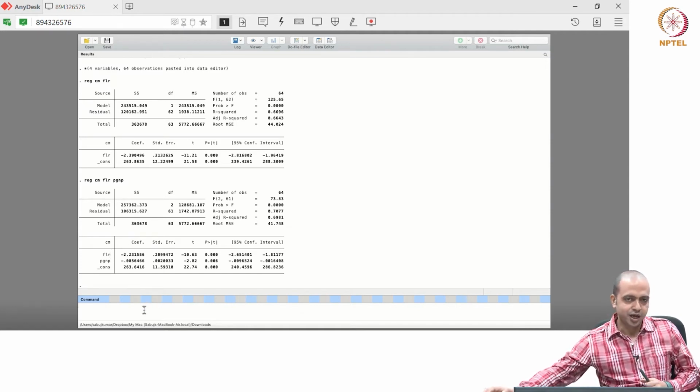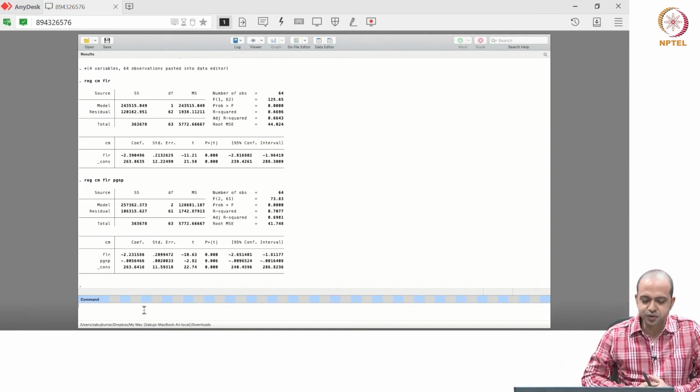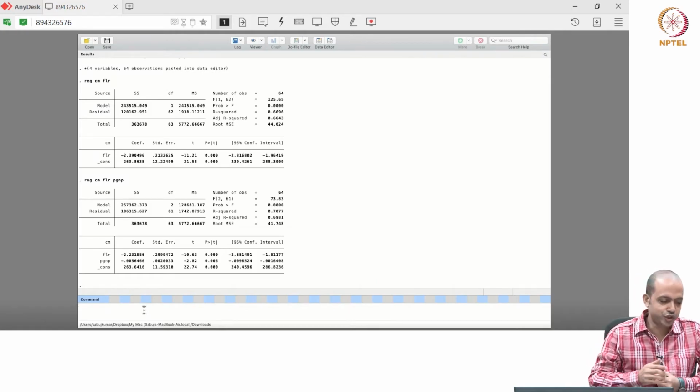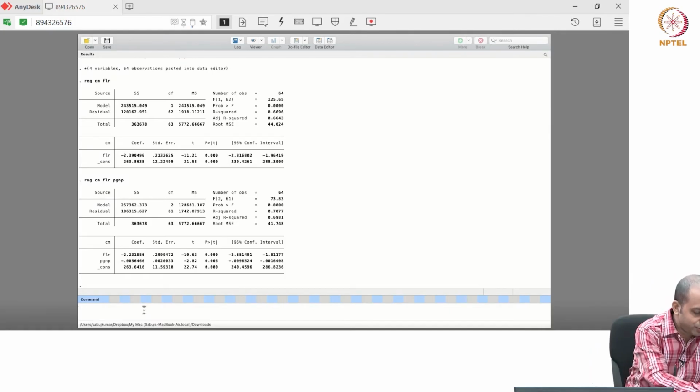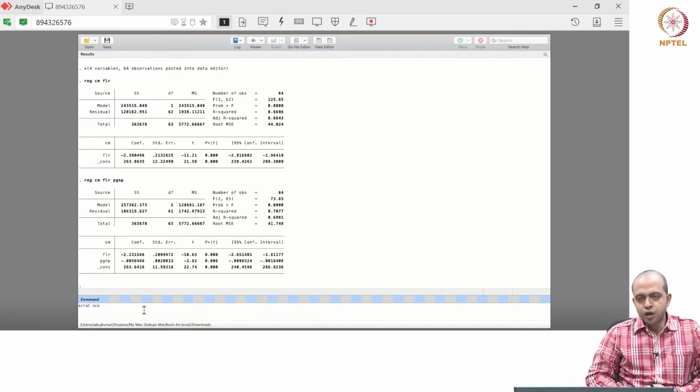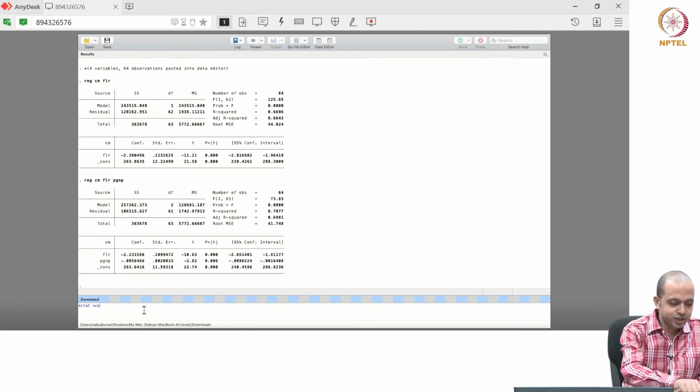For that we will be using a specific Stata command, and you have to remember the command for getting the covariance for the two variables, the FLR and PGNP coefficients. And what is that command? The command is estat VCE. Immediately after running the complete model, if you put this estat VCE command, then that will give you this type of result.